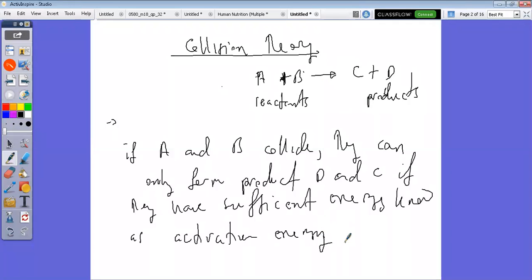Sufficient activation energy is the minimum energy that reactants require for them to be able to have a successful collision. So a successful collision is when A and B have the minimum energy.